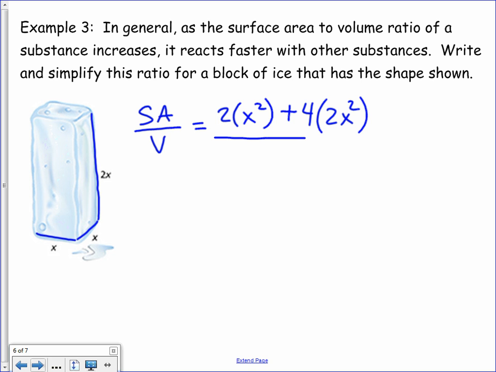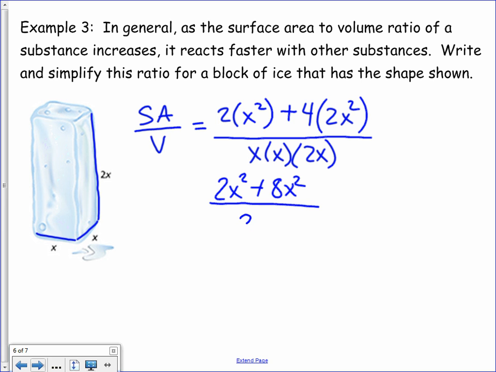And then the volume is just x times 2x. So we'll write it out like that, and then we can simplify. 2x squared plus 8x squared is what we're left with on the top, over 2x to the third.